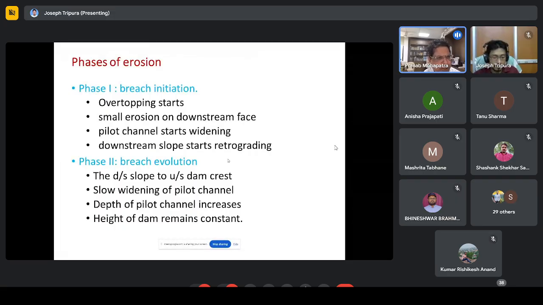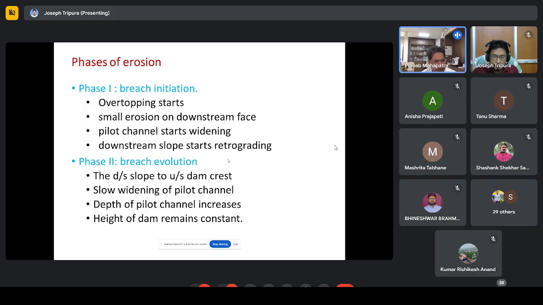Yes. So we could identify, based on our simulations, that there are different phases. We identified 3 phases. In the literature, different researchers recognize different phases, but according to us, we identified 3 phases. Phase 1, which we call breach initiation: here overtopping starts, small erosion on the downstream face, the pilot channel starts widening, the downstream slope starts retrograding.